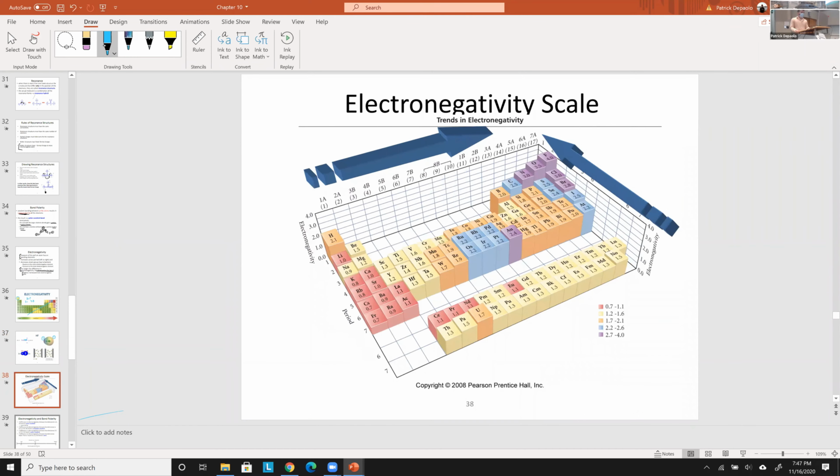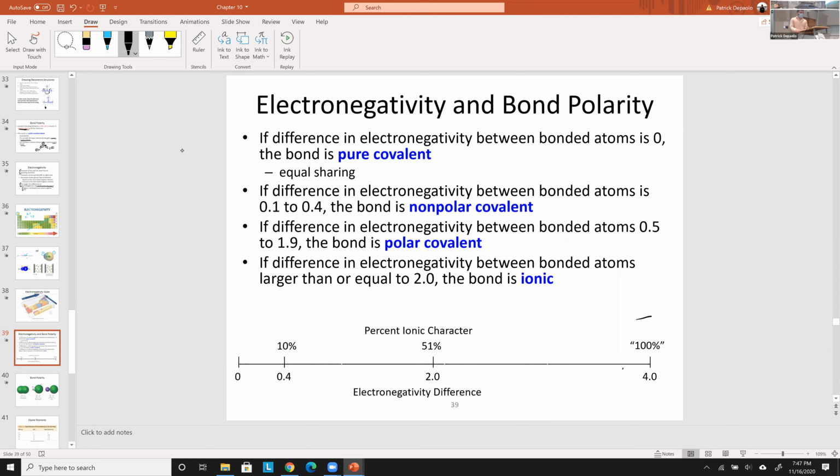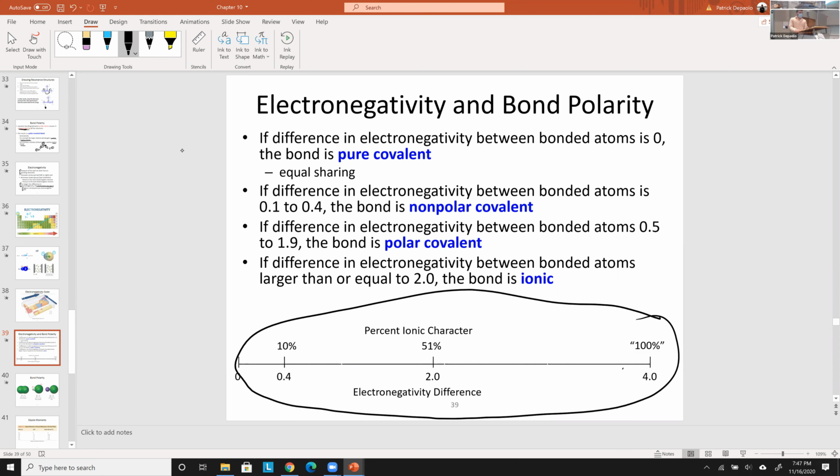Okay, so here's more specifically about these numbers. And again, these numbers you do not need to memorize, but they will be given when you need to use them. So before we look at definitions, let's look at the scale. From 0 to 0.4, meaning the difference, not the value. So if you have an electronegativity difference of between 0 and 0.4, for example, I'll circle some.